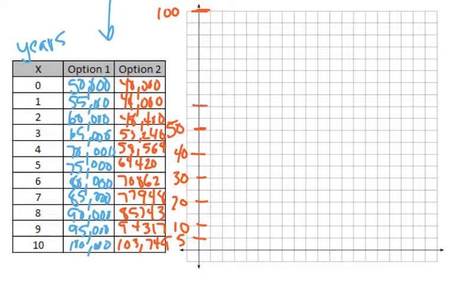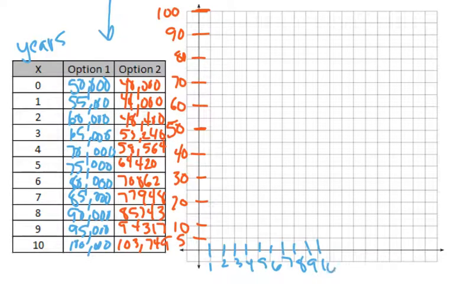So 55, 60, 65, 70, 75, 80, 85, 90. Okay? Then here we can just go by ones. 1, 2, 3, 4, 5, 6, 7, 8, 9, 10. Okay, so take a few minutes and graph this if you haven't done that already. So if you could pause the video, please.